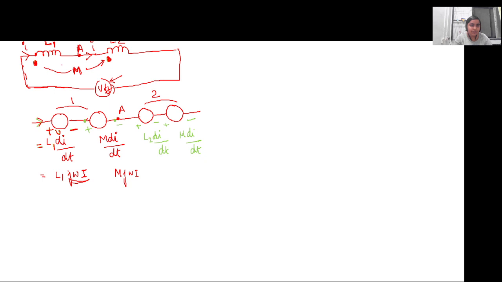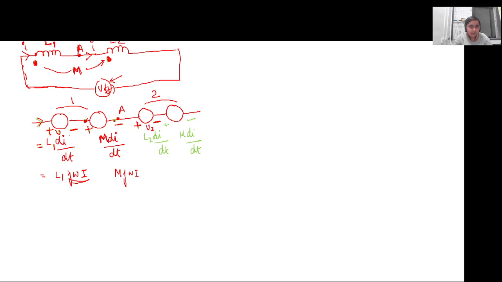Since in this case both currents are entering through the dot, it will be in the same direction as the self inductance, so it will be plus. There will be a voltage drop given by M di by dt. Similarly, in the second coil, there will be another voltage drop, L2 di by dt.